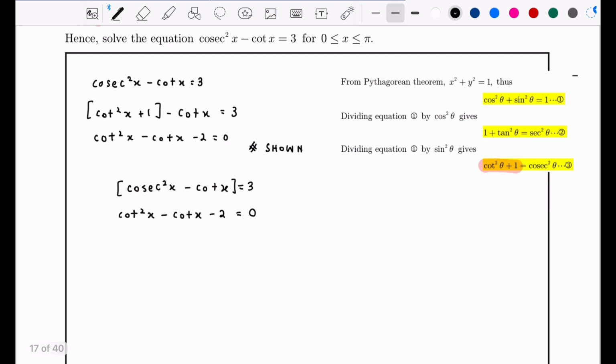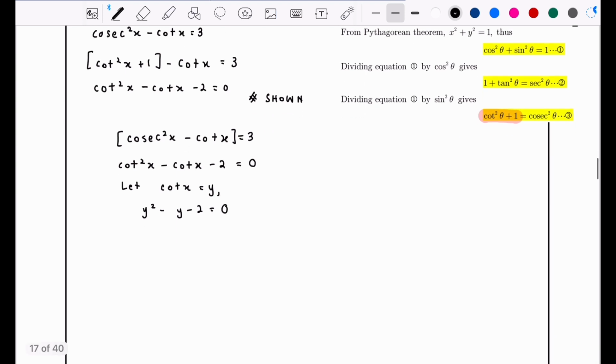Next we have to factorize, or to make our equation simpler, let cot x be another variable. So now we have y squared minus y minus 2 equals 0, a quadratic equation. Factorize the quadratic equation: y minus 2 times y plus 1. We get y equals 2, y equals negative 1.